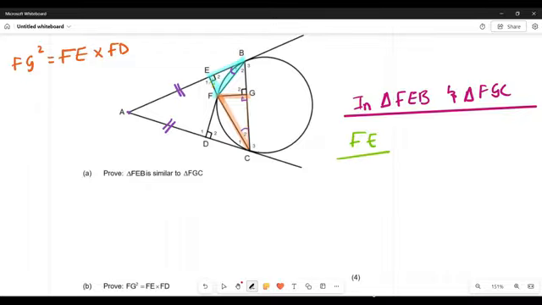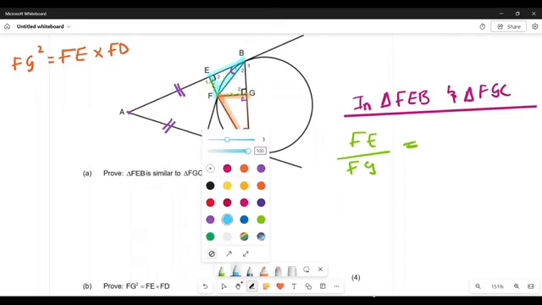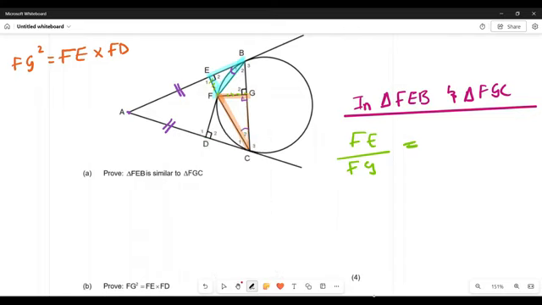So this is my FE, another similar side to it will be FG. This is equal to, let me choose another two sides which are similar to one another. So my FB, which is my hypotenuse, also my hypotenuse on this side is going to be FC. So here I can say FB over FC, and the last remaining sides which are common, I could use EB.